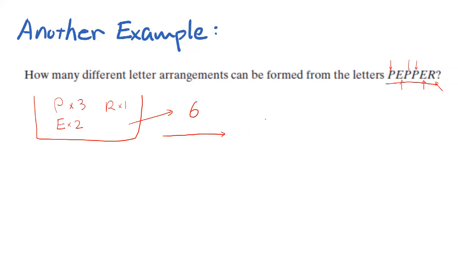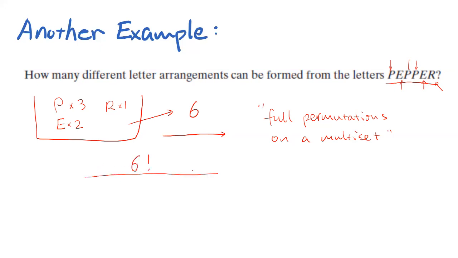So this is a full permutation on a multiset problem. So remember, the model is 6 factorial over 3 factorial times 2 factorial times 1 factorial, right?